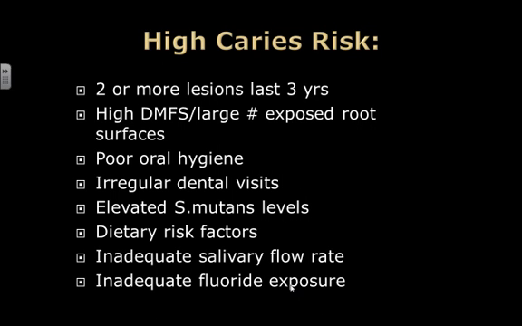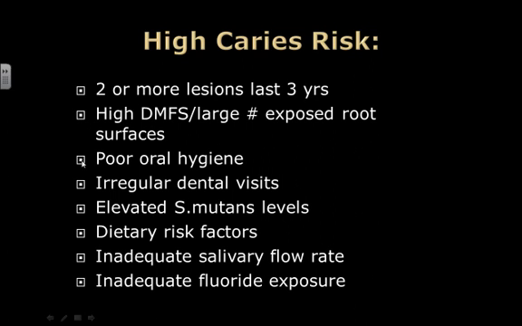So how do we define caries risk? Well, we can define high caries risk as 2 or more carious lesions in the last 3 years. Only 2 is sufficient to say there's caries risk. A high number of decayed, missing, and filled surfaces of the teeth, a large number of exposed root surfaces can contribute to a high caries risk.